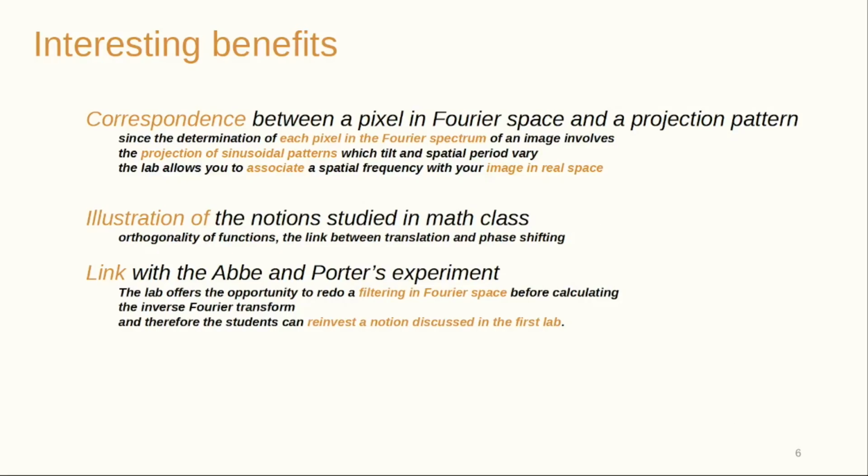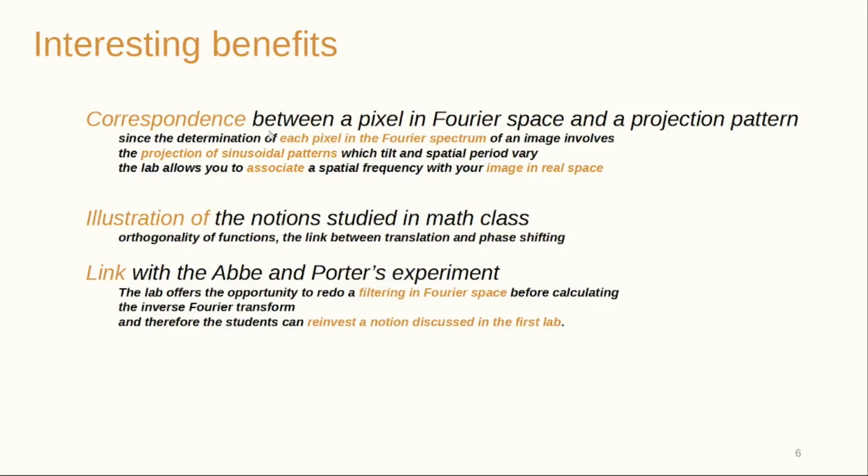There are some interesting benefits in this lab. First, you make the correspondence between a pixel in the Fourier space and a projection pattern, since the determination of each pixel in the Fourier spectrum of an image involves the projection of sinusoidal patterns with tilt or spatial period that vary.